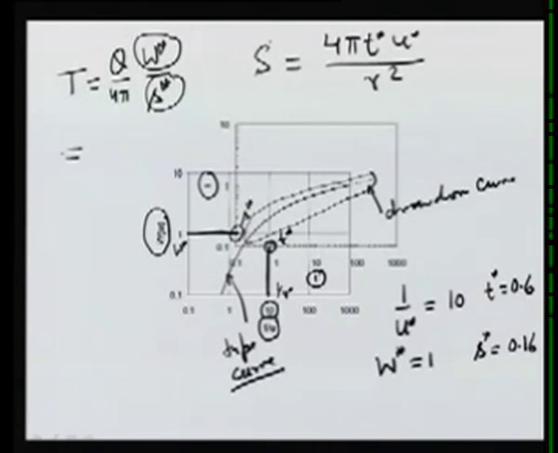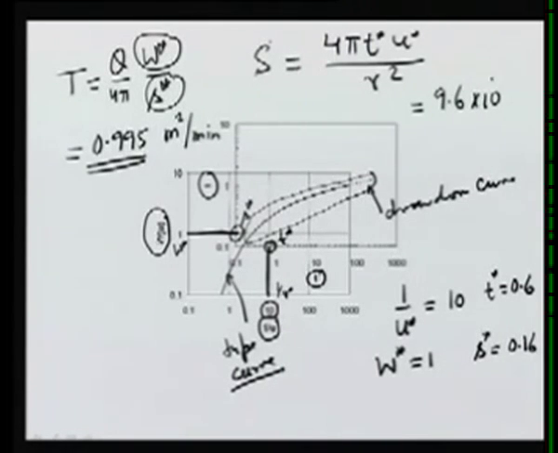Putting these values, we get T equal to 0.995. Again, this value is very close to 1, and S comes out to be 9.6. So this is also very close to 1 into 10 to the power minus 4, which we had used to generate this data.